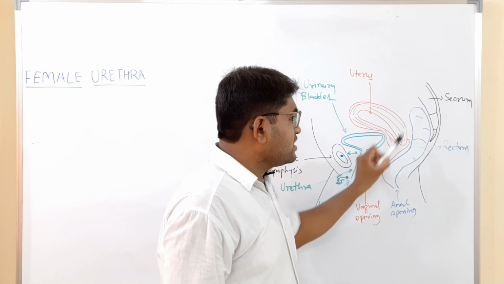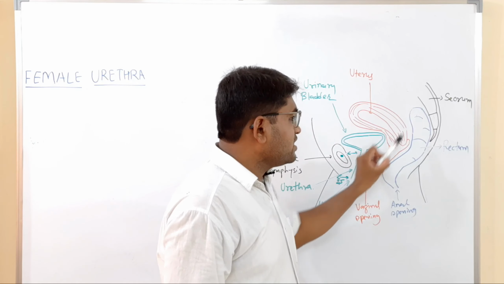The internal urethral orifice lies posterior to the middle part of the pubic symphysis.